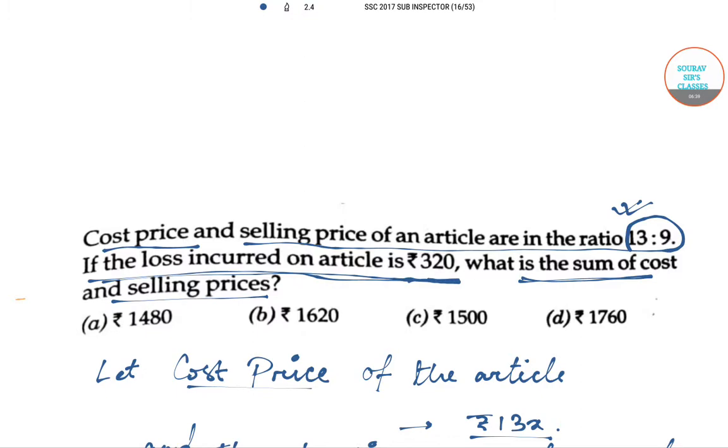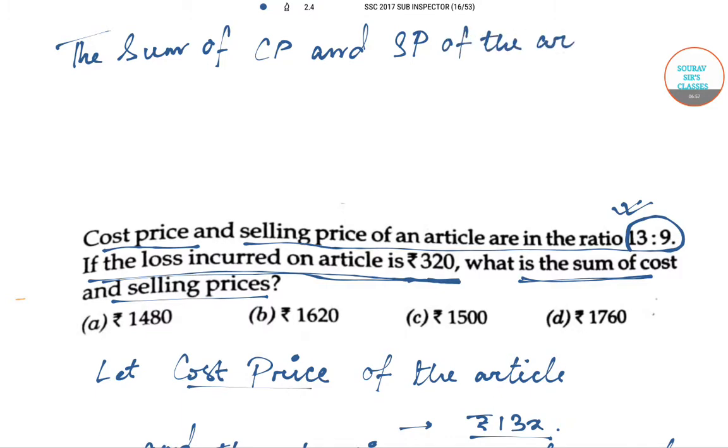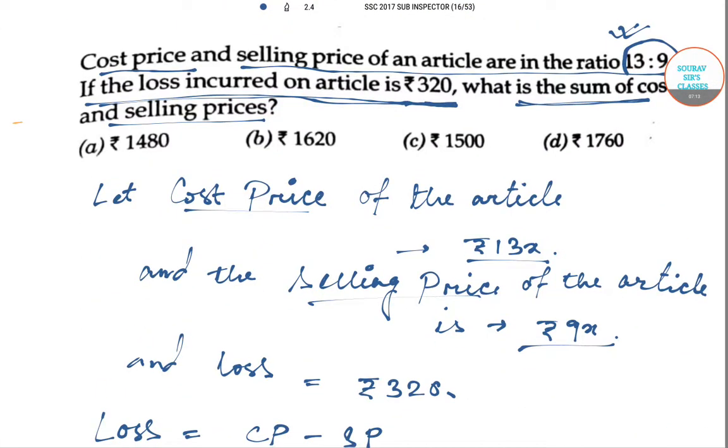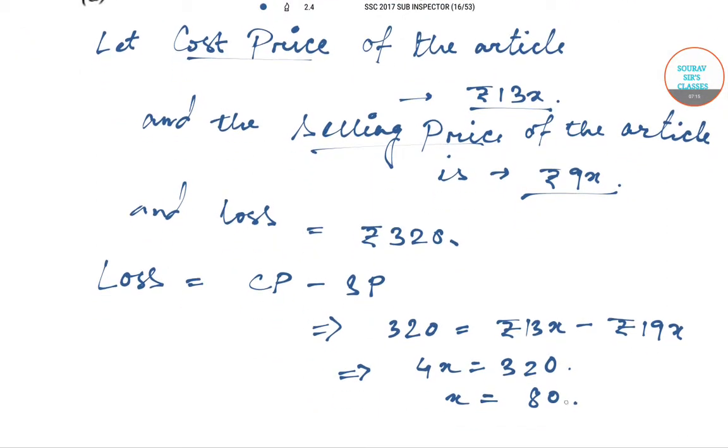Now the sum of CP and SP of the article, the sum of cost price and selling price of the article, is 13x plus 9x, that is equal to 22x, and we have already derived the value of x, that is 80.